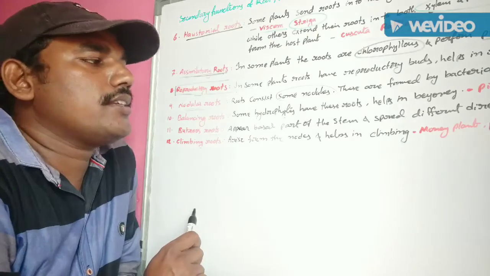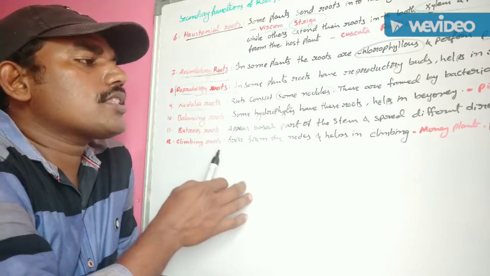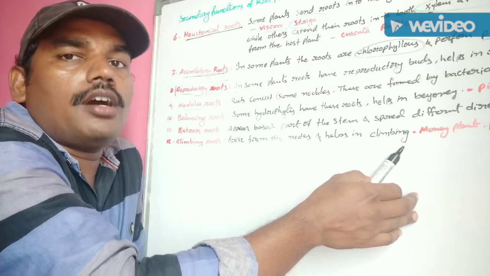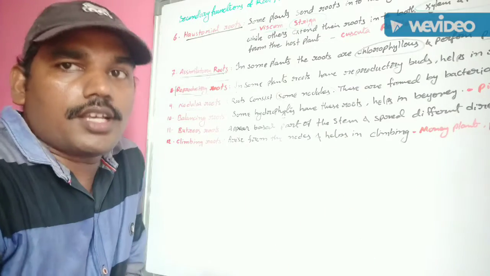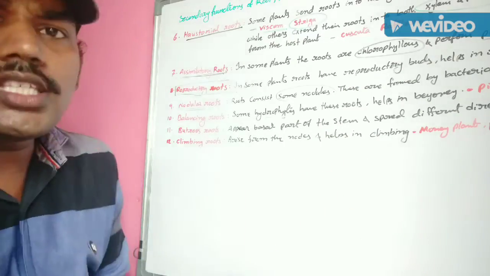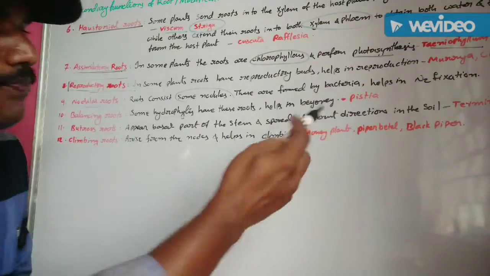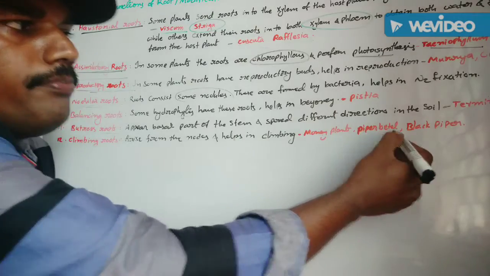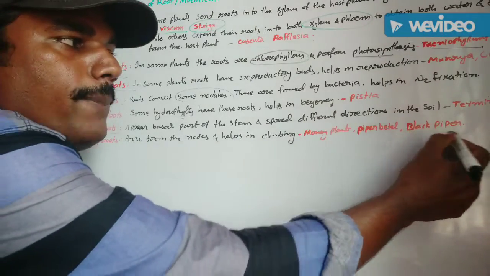Every node has some adventitious roots. These are helpful for climbing because the stem is very weak. The best examples are money plant, betel piper, and also black pepper.